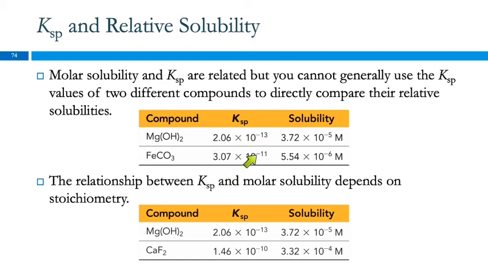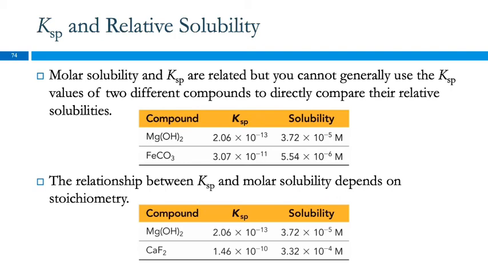Iron carbonate is 10 to the minus 3. And yet, the magnesium hydroxide has a higher molar solubility. And that's because of the stoichiometry. When this one dissolves, you get 1 of each, and so KSP is equal to the molar solubility squared. Magnesium hydroxide, you get 1 magnesium and 2 hydroxides, so KSP is equal to 4 times the molar solubility cubed.